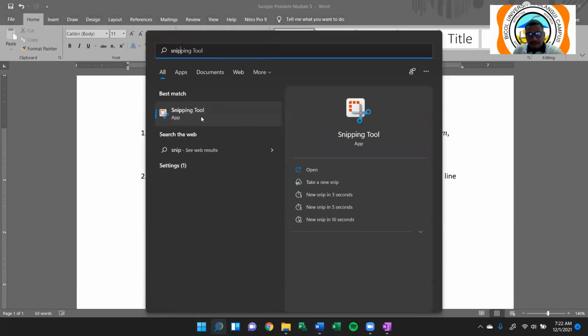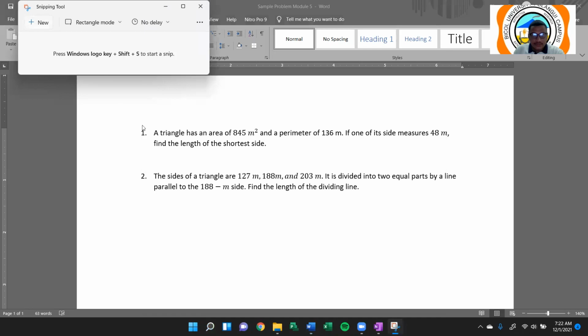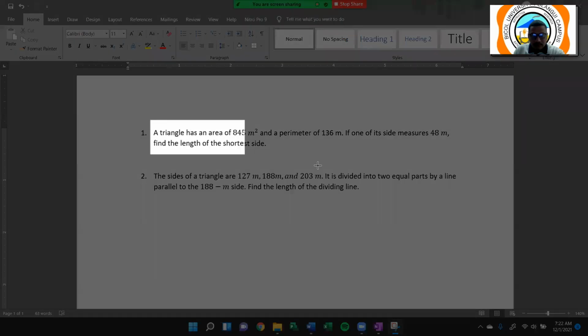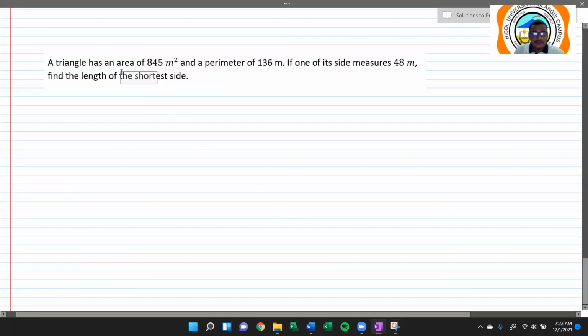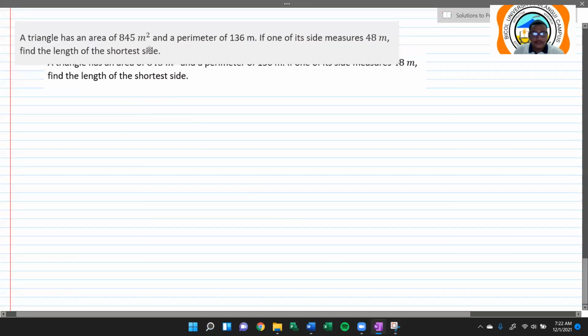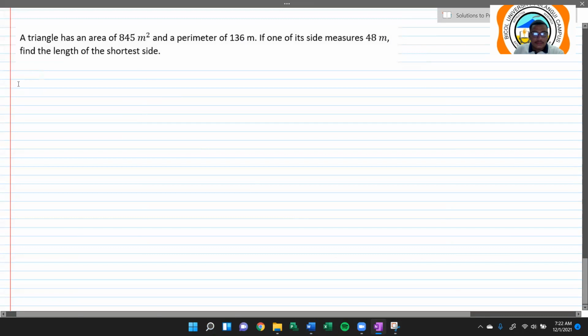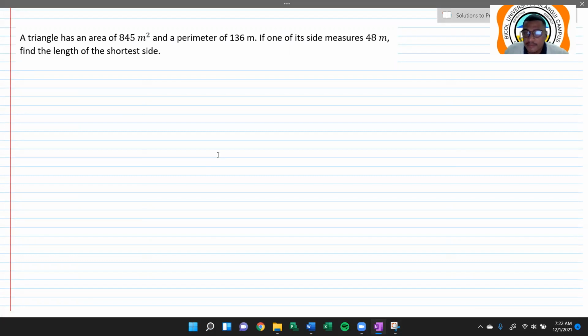Okay. So first, let's have this one. A triangle has an area of 845 square meters and a perimeter of 136 meters. If one of its sides measures 48 meters, find the length of the shortest side.